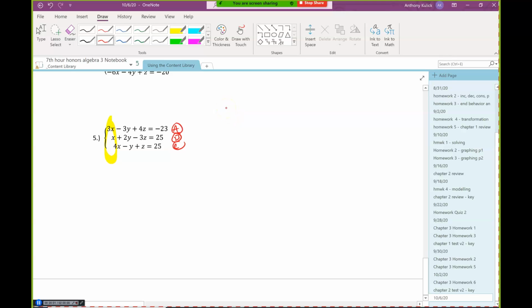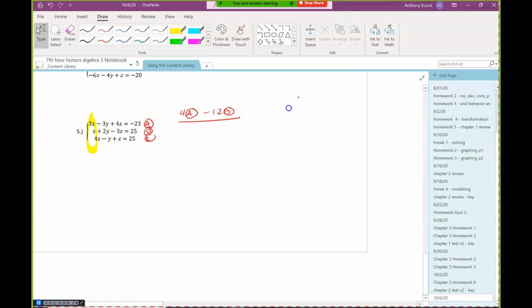Okay. Negative 12 and 21. Okay. So you need to do two separate pairs. You can't do all three of them at once. So are you saying that we're doing this then?